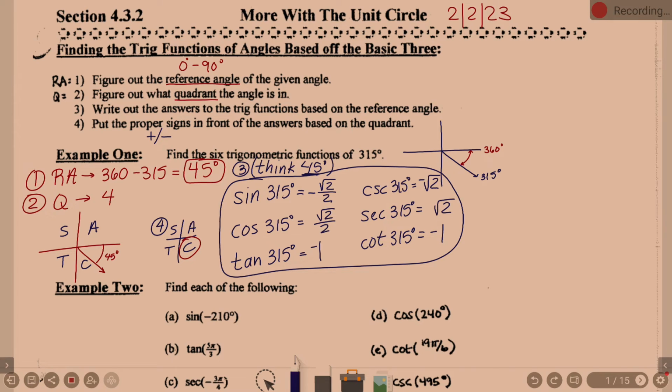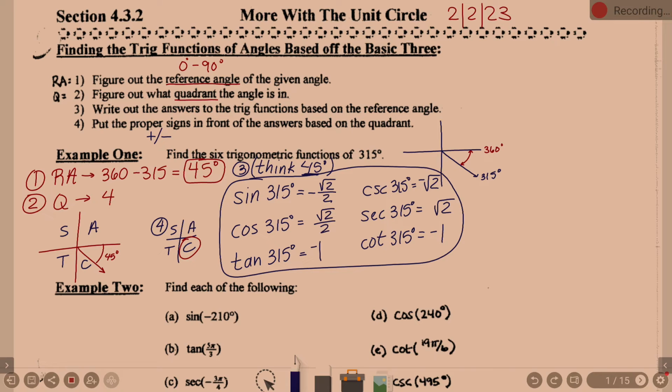Now, you put those into your calculator, you're going to get equivalent answers, albeit they'll be decimals. But the idea is when we go to do trig functions of something like 315, that relates to 45.